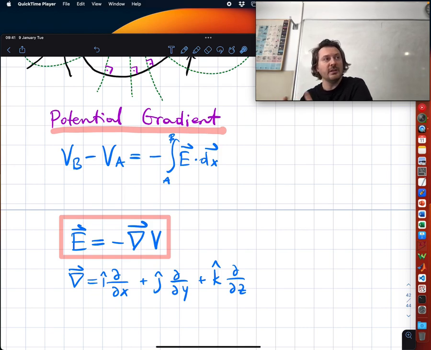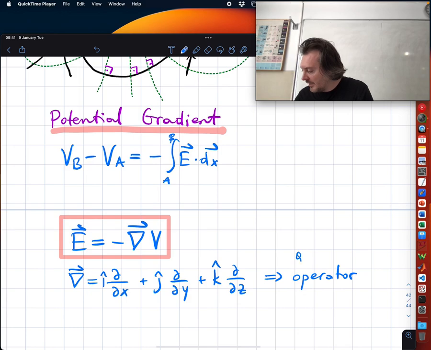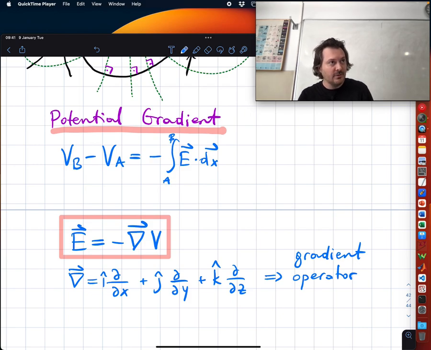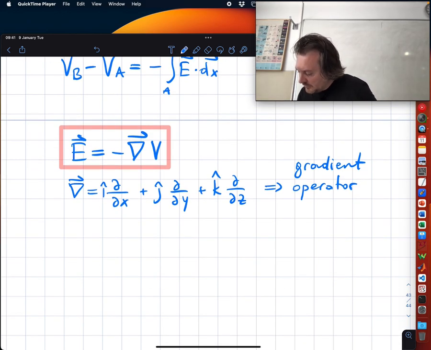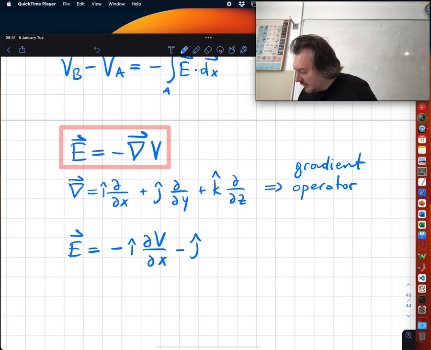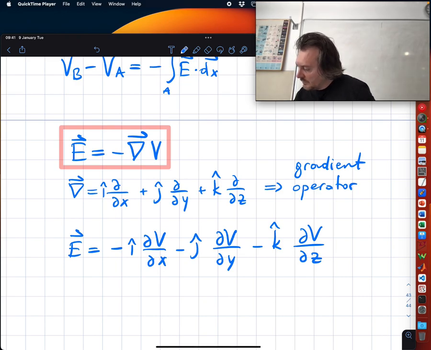These kinds of things are called operators. This one is a gradient operator. It has to operate on something. That's when it gets its meaning. And in this case, it's operating on the potential. So if you operate on the potential, then you get this: E is negative i del V over del x, negative j del V over del y, negative k del V over del z. That's what it means.